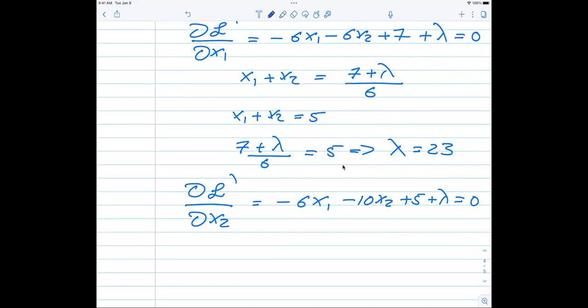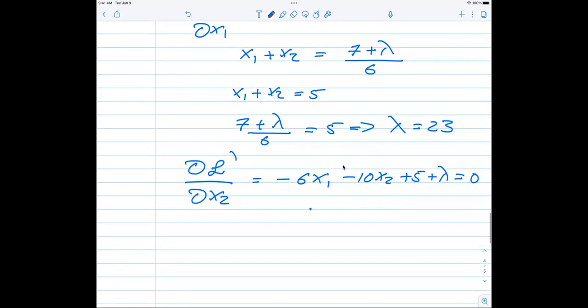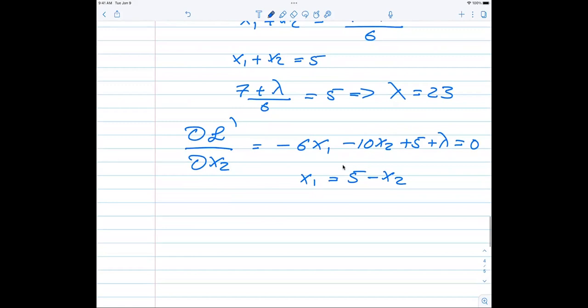I know as well that x1 in this specific case is equal to 5 minus x2, that's the constraint which I have. I have found the value for lambda, which is 23. So when I then add everything in, I have minus 6 times 5 minus x2 here, and then I have minus 10 x2 plus 5 plus lambda equal to 0.